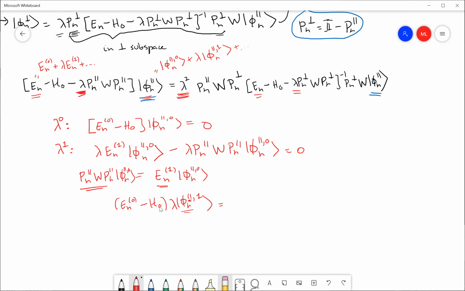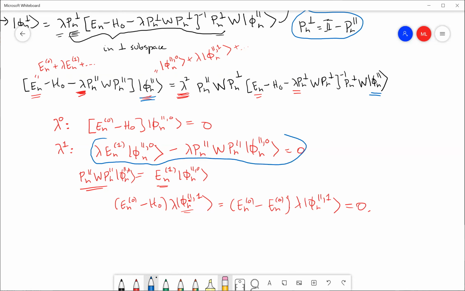So it's En0 minus En0, which is just 0. In case you were wondering. I was wondering for a bit. So the only terms that survive are just these, which tell you again that what you want to do is diagonalize W in the parallel subspace.